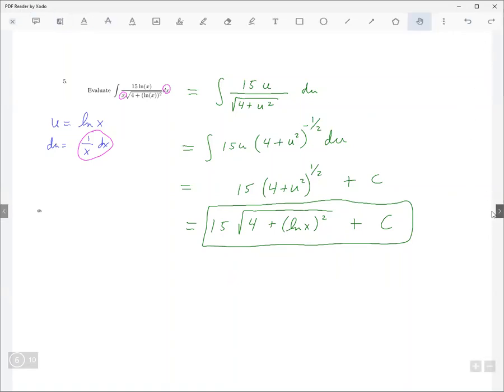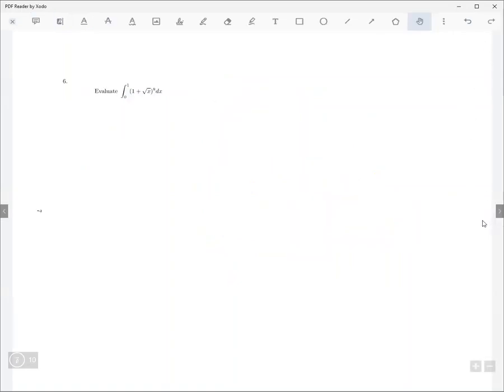Okay, great. Let's go to number 6. Okay, this one is, ooh, this is pretty nasty, because you have 1 plus the square root of x to the 8th. Now, the derivative of the square root of x involves 1 over the square root of x, right?